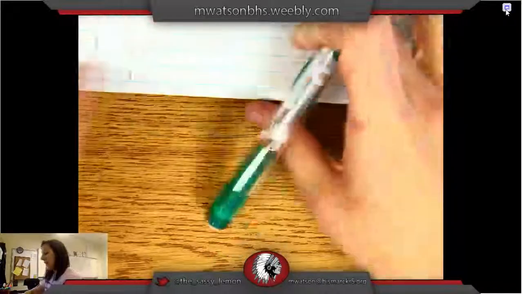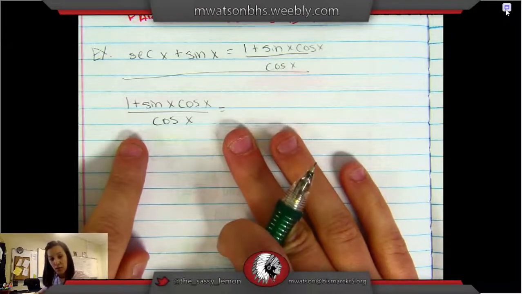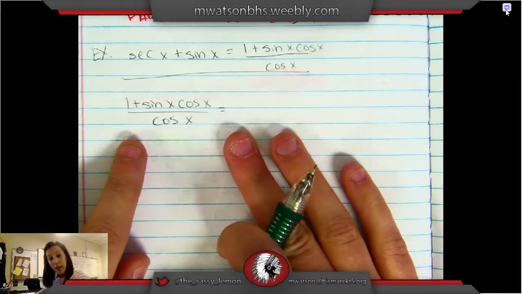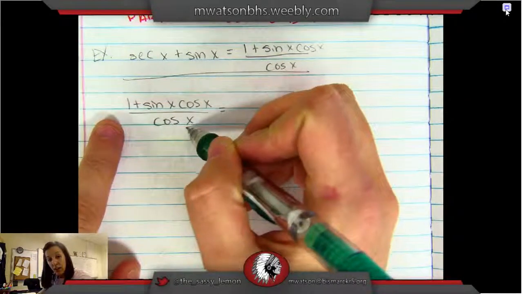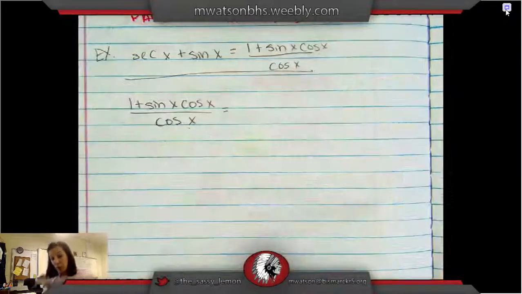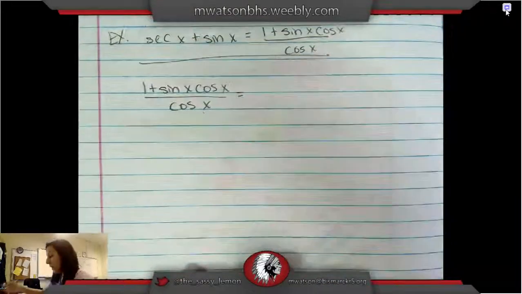We look back at this. We have a big fraction. We want to break it apart so that we can have two pieces. So let's do that. Anytime you have two numerators over one denominator and there's addition or subtraction in between, you can break it apart. We did this in Algebra 2 a few times, and we can do it here.